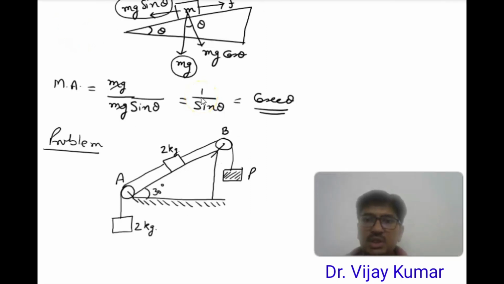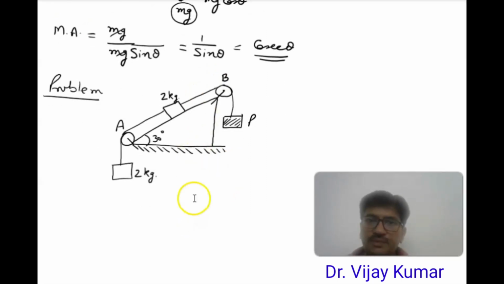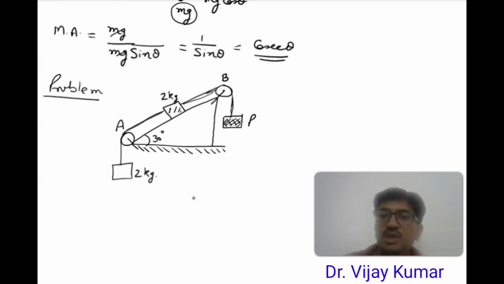Now we will discuss a case which is shown in the figure. A block of 2 kg is tied by a string, and by the help of this pulley, a body P is hanging.